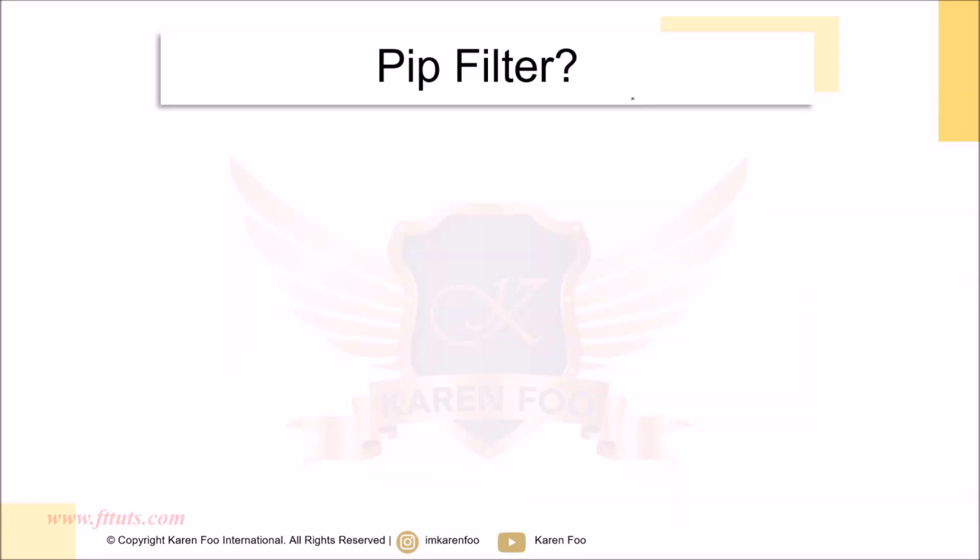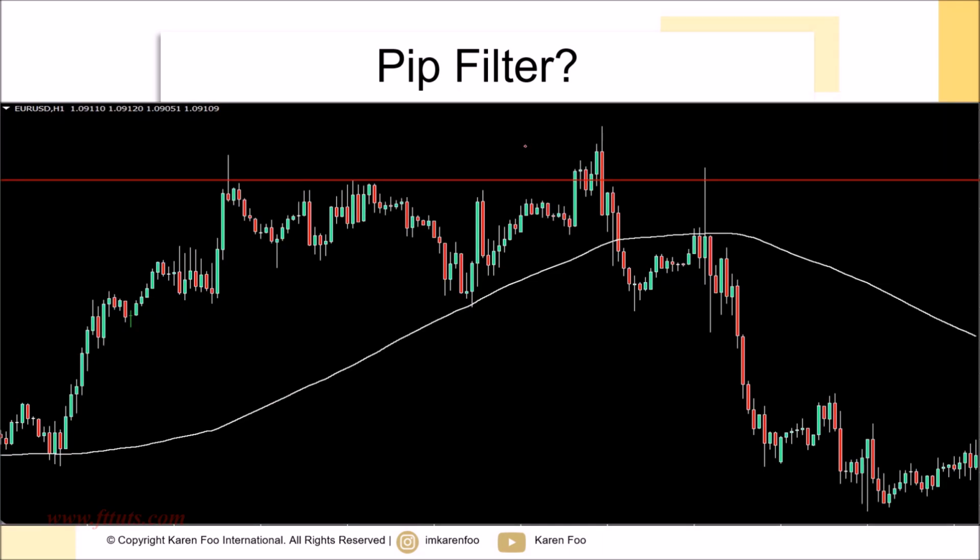And some people might ask, Karen, why don't you use pip filter? Like if it breaks 500 pips above resistance, then it is a real breakout. How about if it breaks 600 pips above? Or should the filter be more, 700 pips? It depends on the currency pair. Some currencies that are more volatile, you need to give it a little bit more pip buffer. For example, 500, 600.